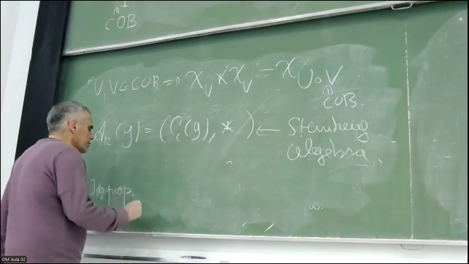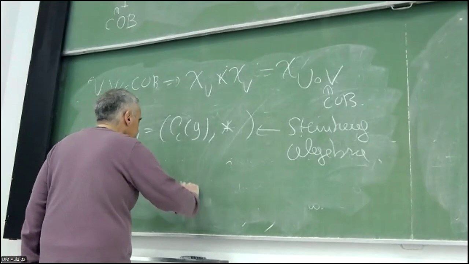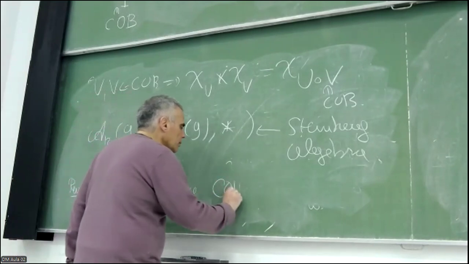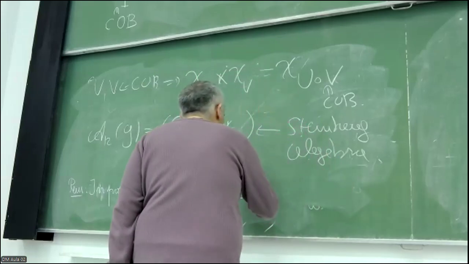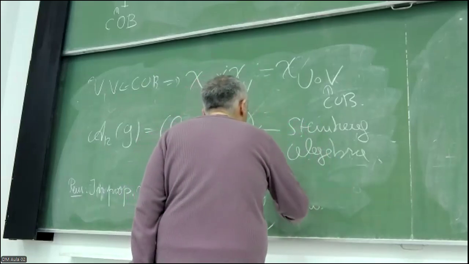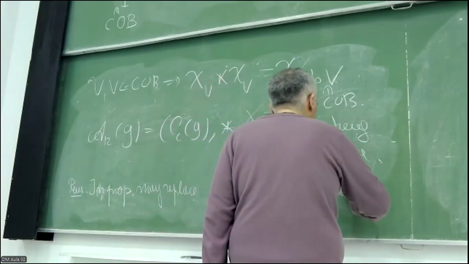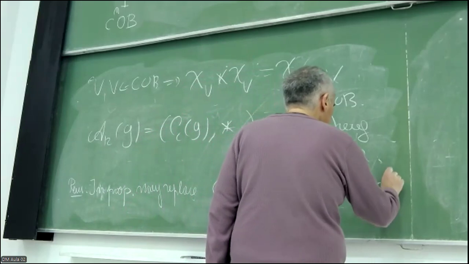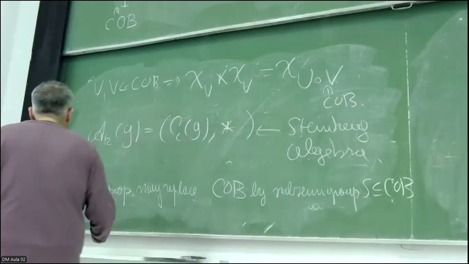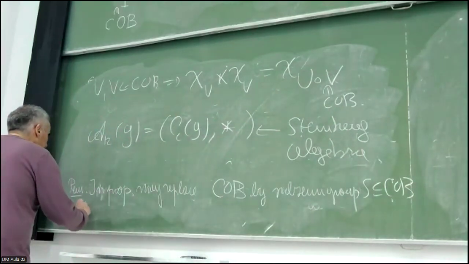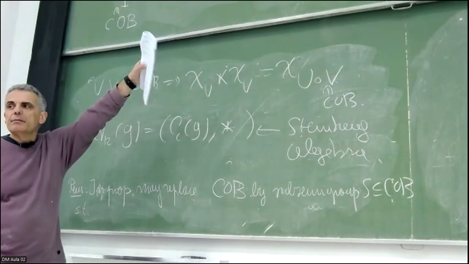In the proposition, we may replace the whole semigroup of cops by the subsemigroup S, such that that is closed under the operations that we had there.